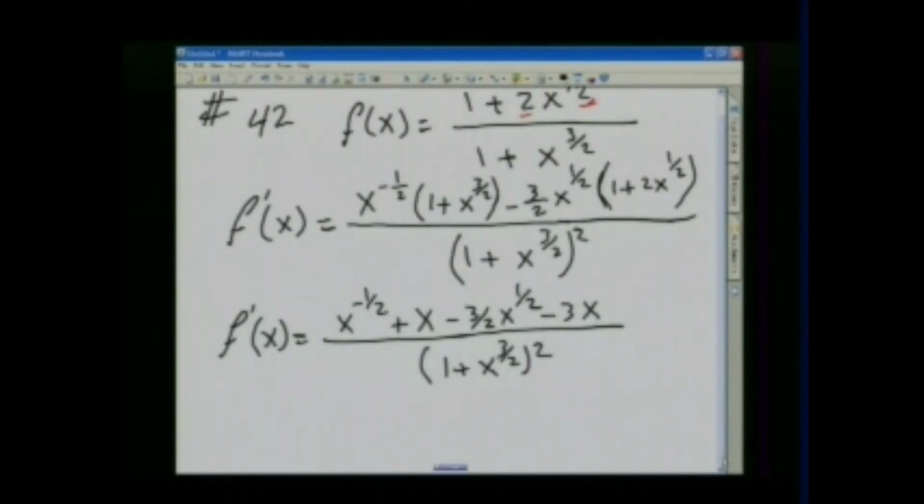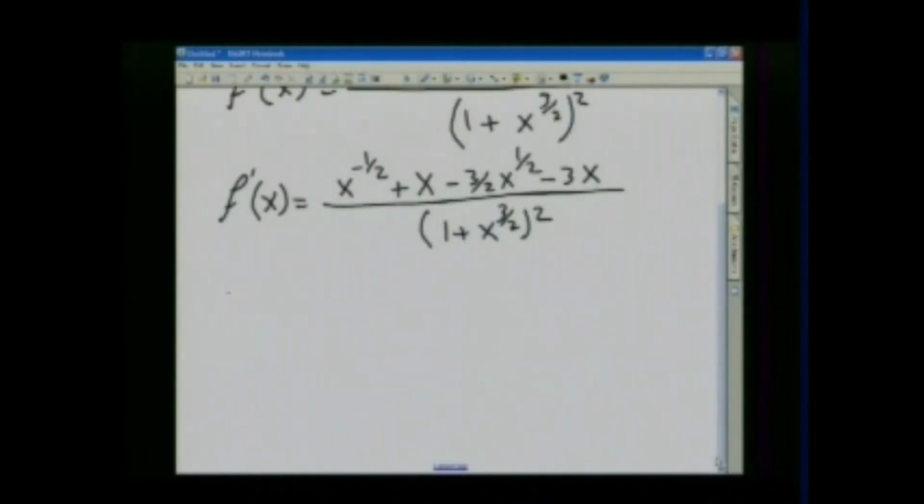Let's do something to simplify this a little bit. F prime of x therefore is equal to, well, x to the minus 1/2 is 1 over square root of x.